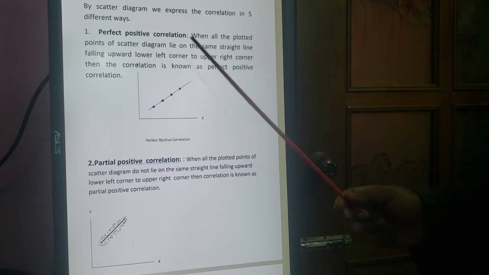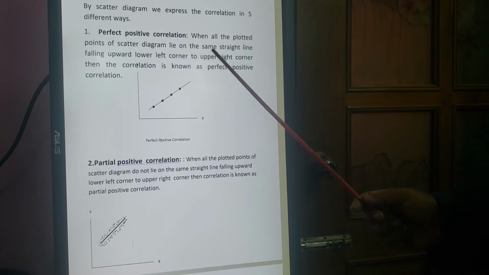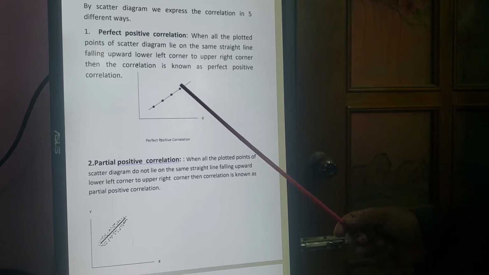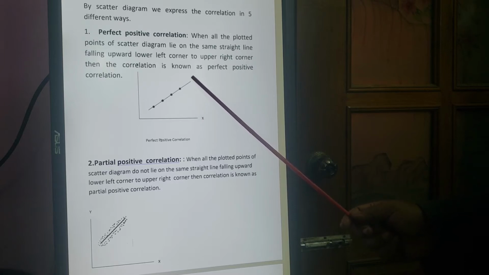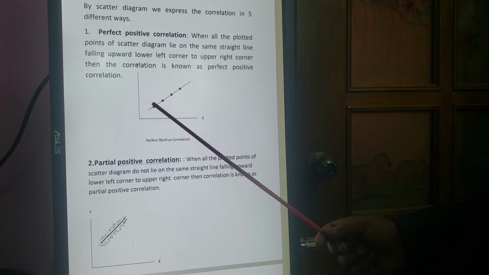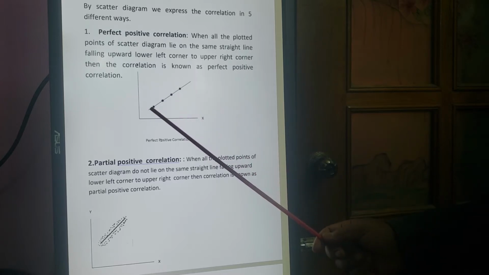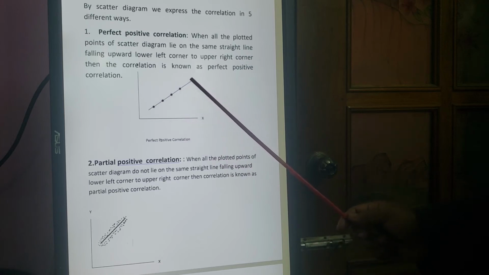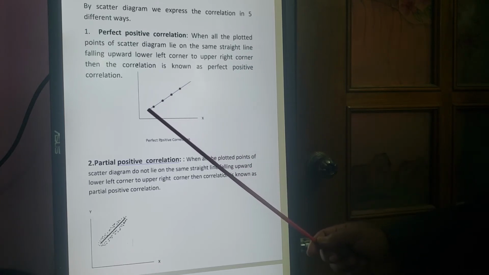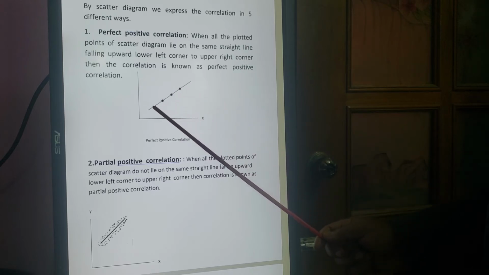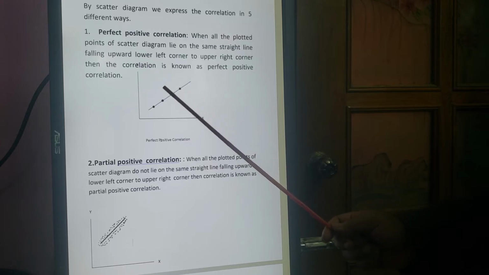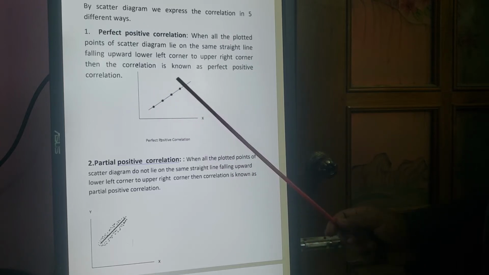When all the plotted points of a scatter diagram lie on the same straight line, falling upward, this is the upward line: from the lower left corner to the upper right corner, lower to upper, left to right. That is an upward line.